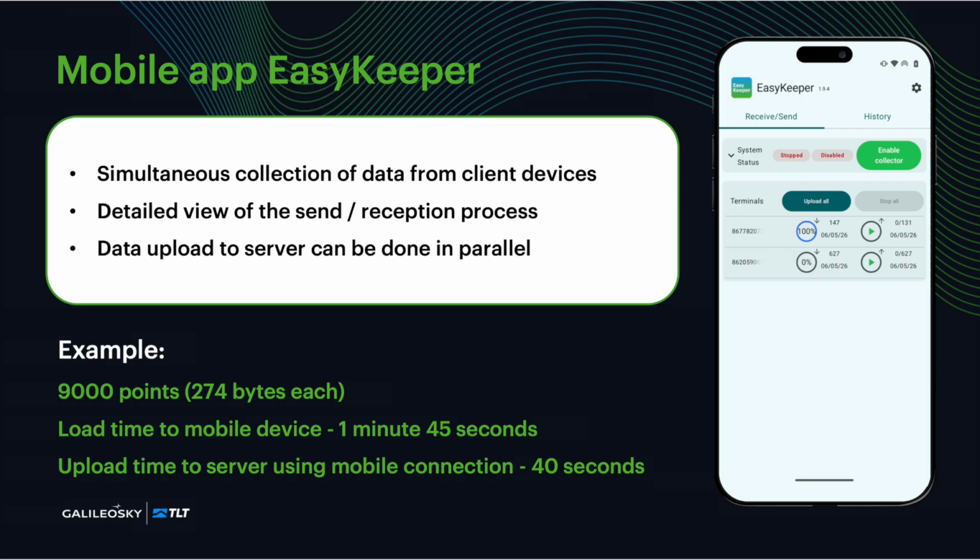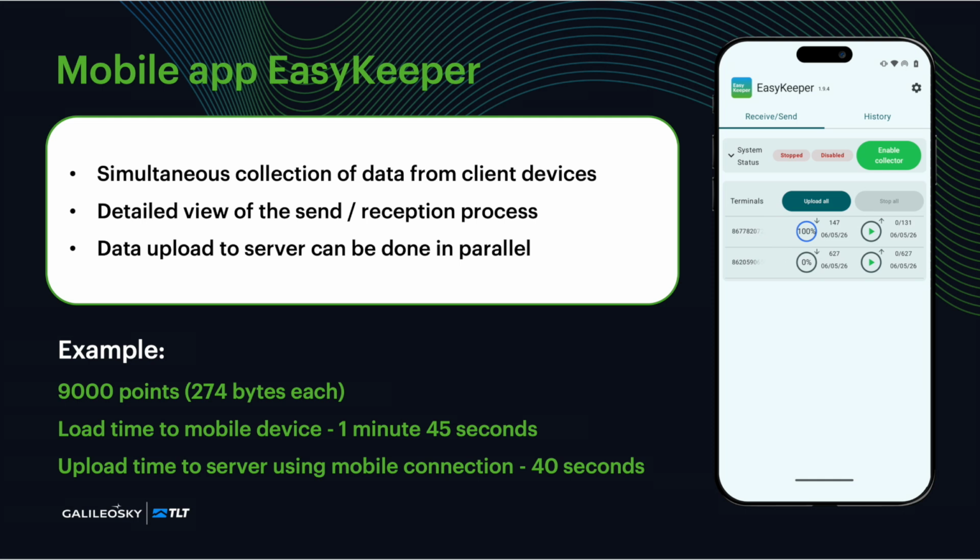We have tested up to 20 devices and it worked perfectly. We have a detailed view of the send and reception process. And also, data upload to the server can be done in parallel. So the phone can send more than one device at the same time.